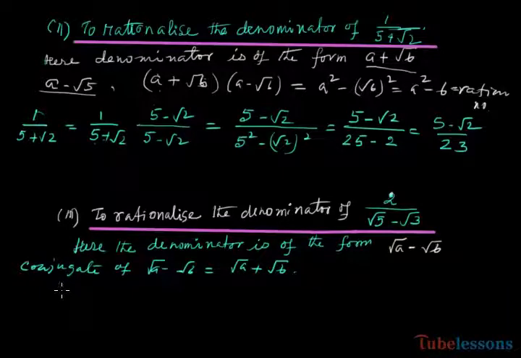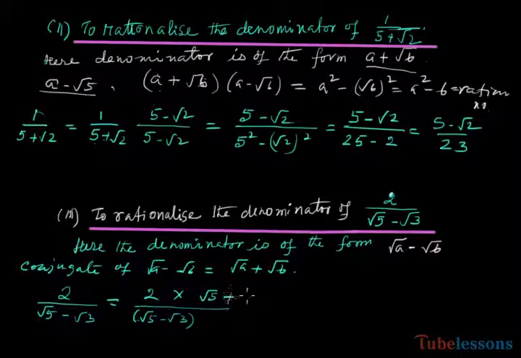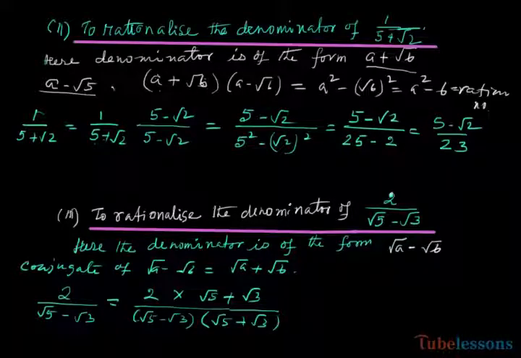So now our sum is root 5 minus root 3. This is our sum. Now we multiply with root 5 plus root 3, and always put a bracket.